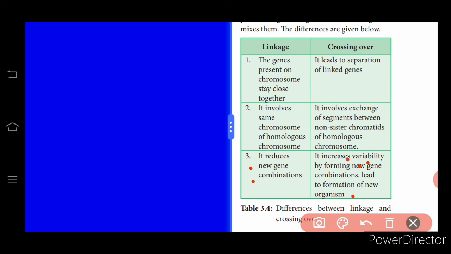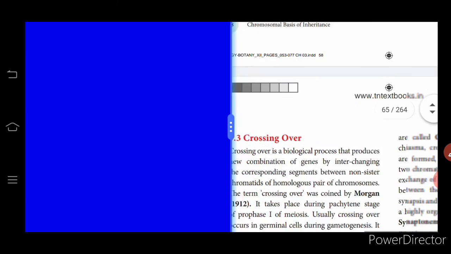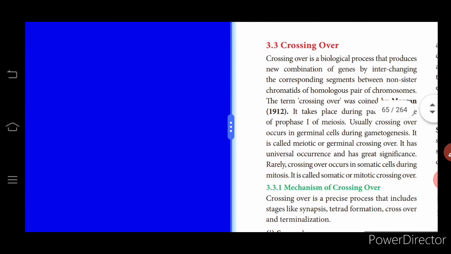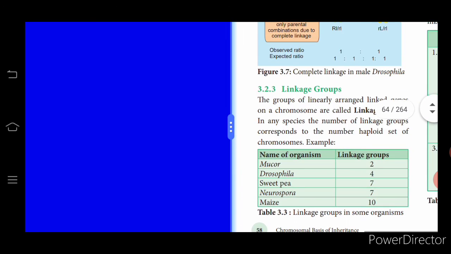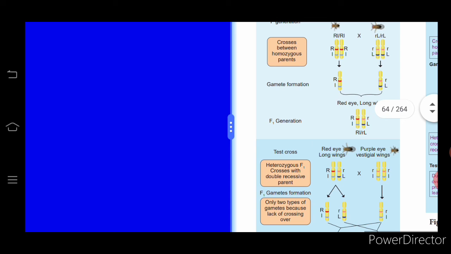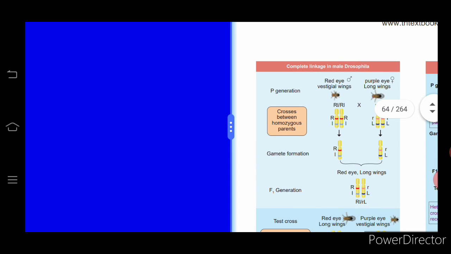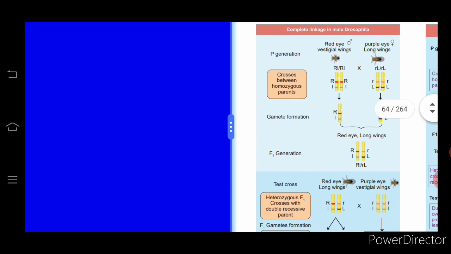Okay students, next class we are going to learn about crossing over in detail. Today we have learnt about linkage and the types of linkage in detail with the example. Please learn with the example as given in the book.